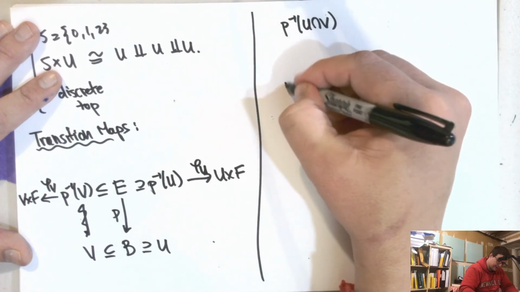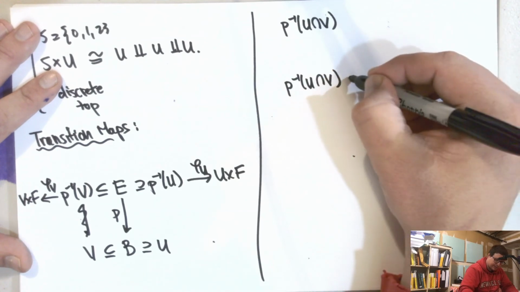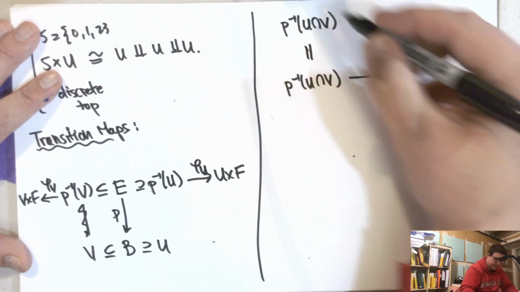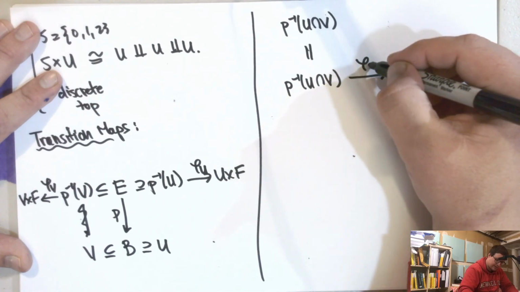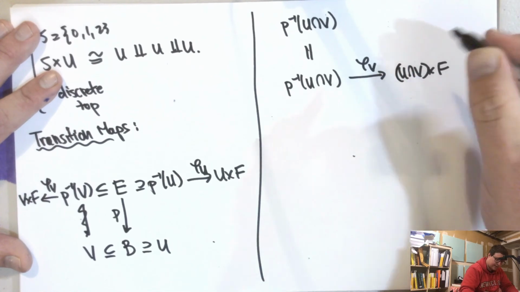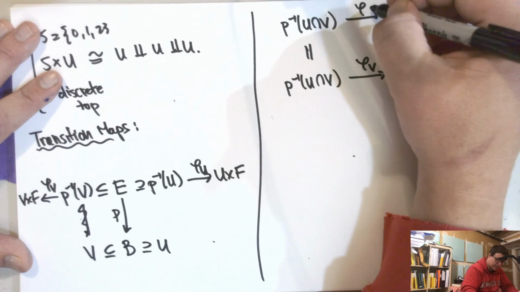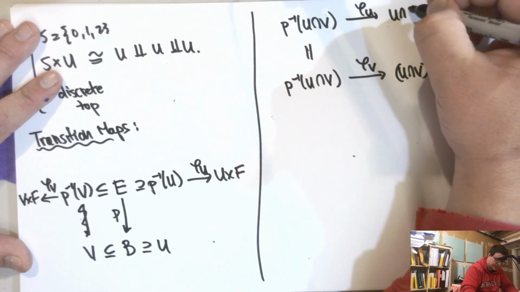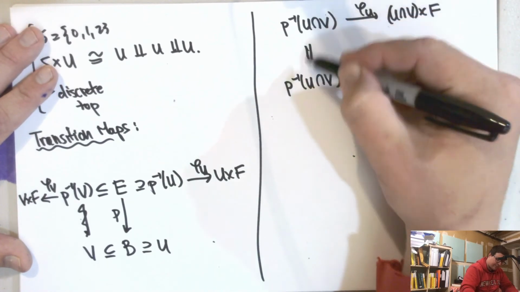Right, there's this isomorphism here. These are equal, I guess. There's this isomorphism here, which is induced by phi U, and this is U intersect V cross F. And then there's this isomorphism here, phi V, and this is U intersect V cross F. And then there's a map from here to here.